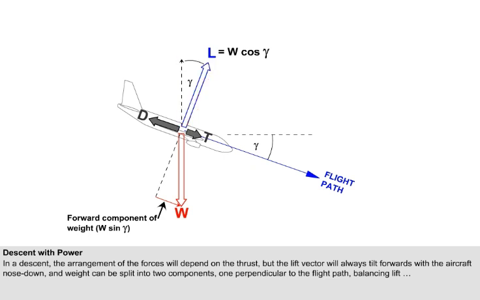One, W cosine gamma, where gamma is the angle of descent, acts perpendicular to the flight path and is balanced by lift. And the other, W sine gamma, acts forward along the flight path and adds to the thrust, which is reduced for the descent. This added component restores the thrust-drag balance.